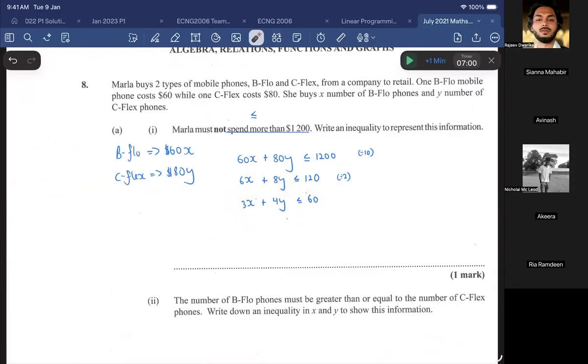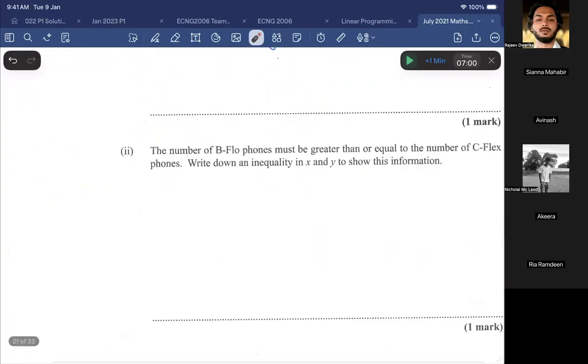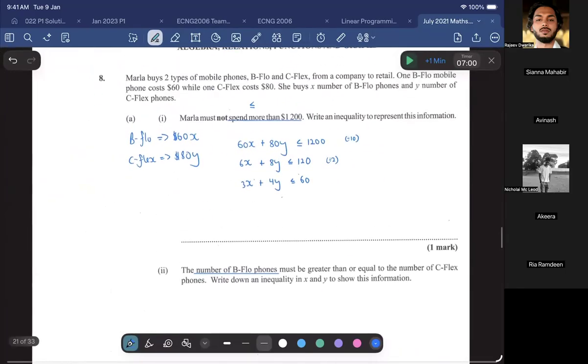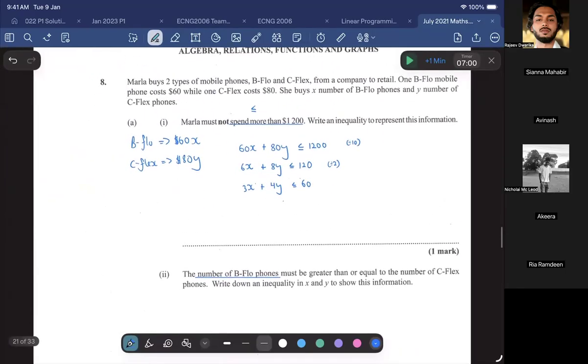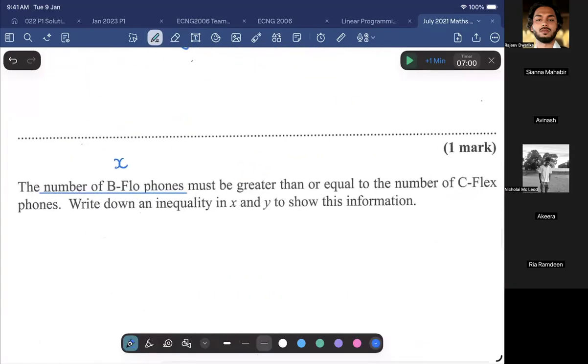Yes, sir. Okay, cool. Part 2: the number of B Flow phones. When we're talking about the number of B Flow, what are we using for that, X or Y? X. Right, so the number of B Flow is X, and it must be greater than or equal to... What sign should I use here?